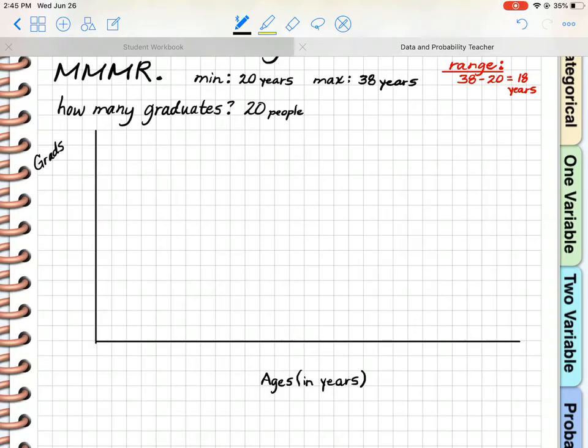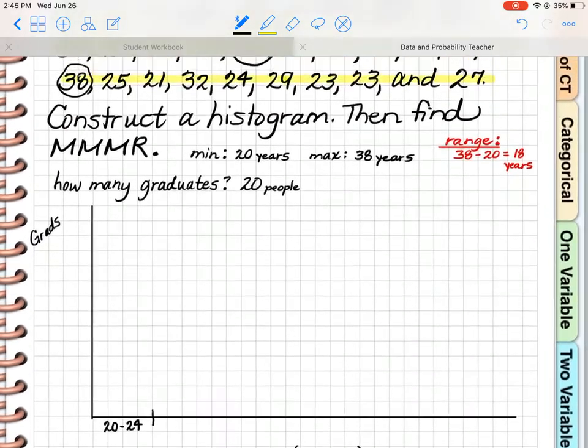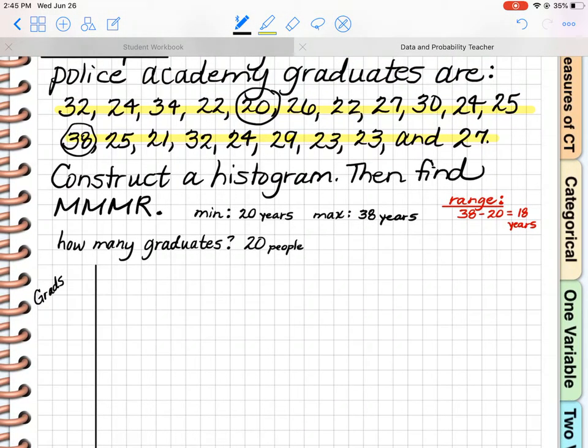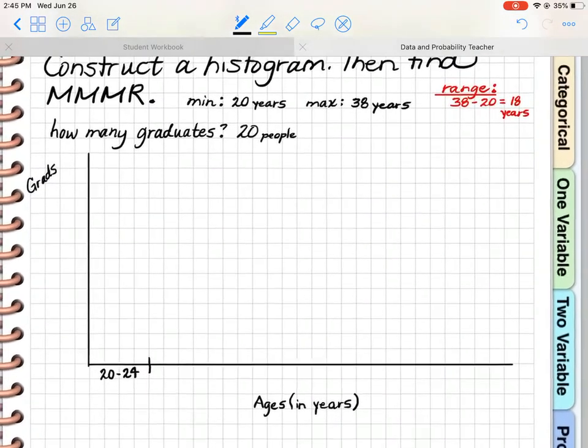Okay. All right, so in this first interval, I'm going to put anybody who falls between ages 20 to 24. Now, why didn't I go ahead and put 19 years old in there? Because my minimum was 20. So there's no need to go below 20.